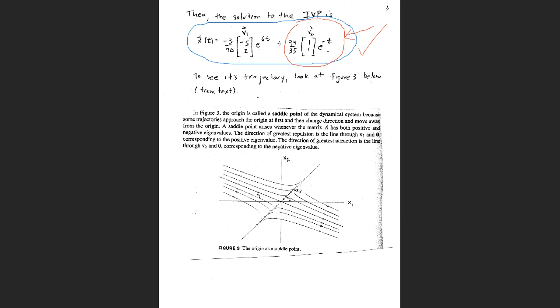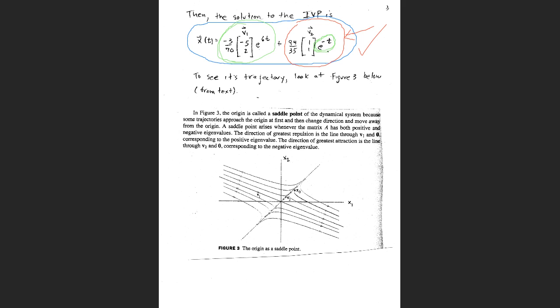What happens to e to the negative t power? What does that go to as t goes to infinity? Good, it approaches 0. So what's left when t approaches infinity is just the first part of our solution.